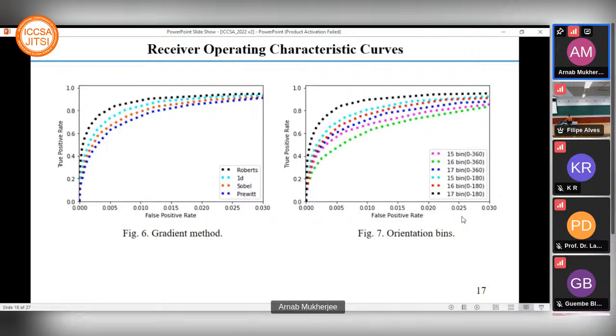Then the next step is the orientation bins. The orientation bins are spread equally over 0 to 180 degrees, known as unsigned gradient, and 0 to 360 degrees, known as signed gradient. The performance of the unsigned gradient is more effective than the signed gradient. Here, the orientation is divided into 17 bins.